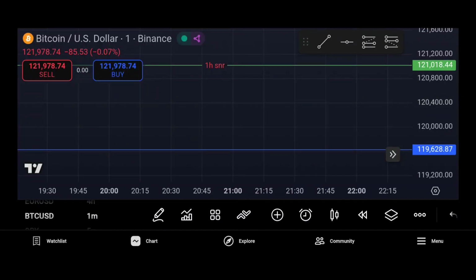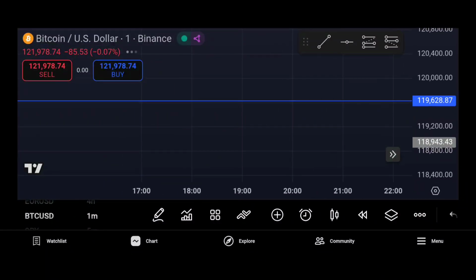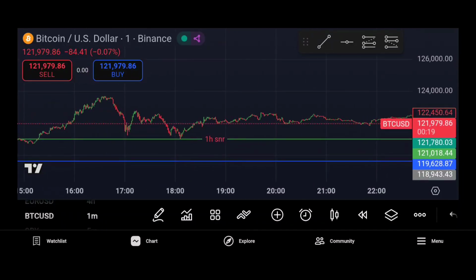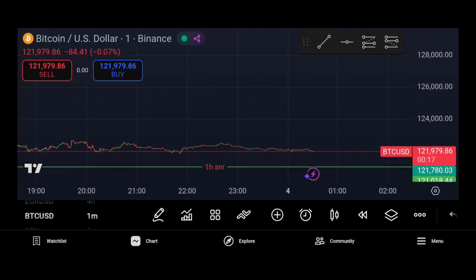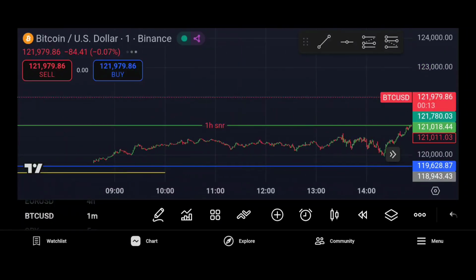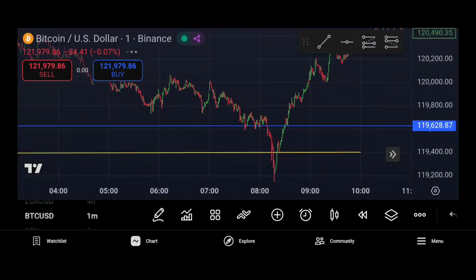Then I'll be scaling down to lower time frames, for example 1 minute or 20-second time frame, so I can look out for the entry and potential market shifts.